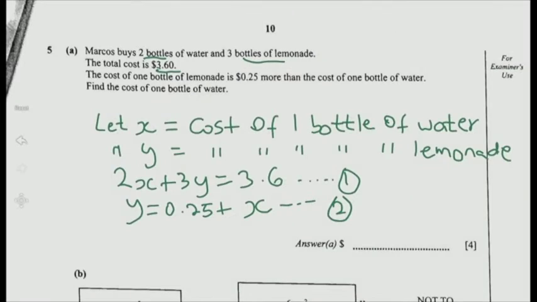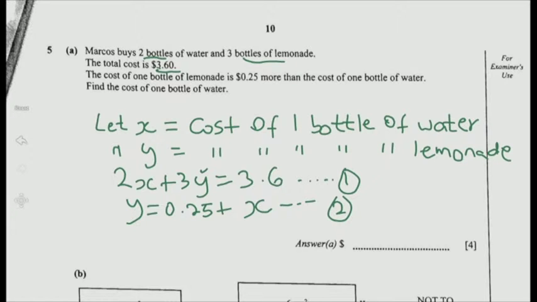Which method is actually the best? You can think of the method by looking at the equations. The y in the second equation is the subject, so you can easily substitute y by 0.25 plus x.